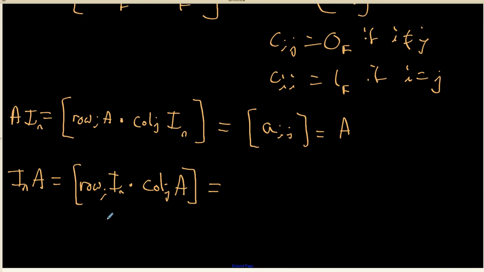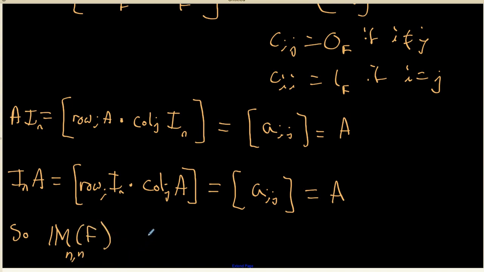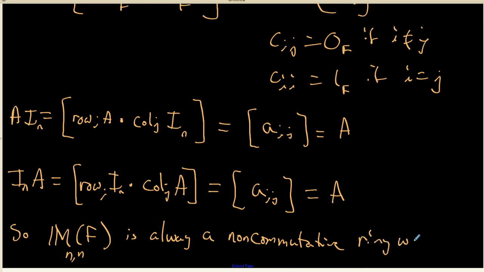Again, the only entry in row i that is not equal to 0 is the ith entry, and so that dot product is just going to pick up aij, and that again is the matrix A. So at this point we know that the set of n by n matrices where the entries are drawn from a field is always a non-commutative ring with a multiplicative identity element.